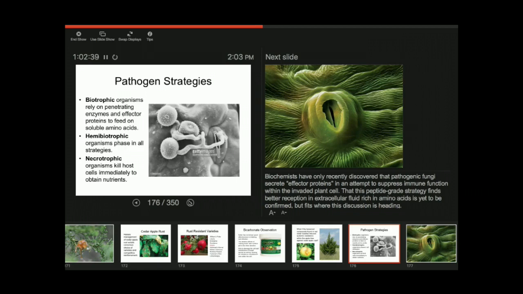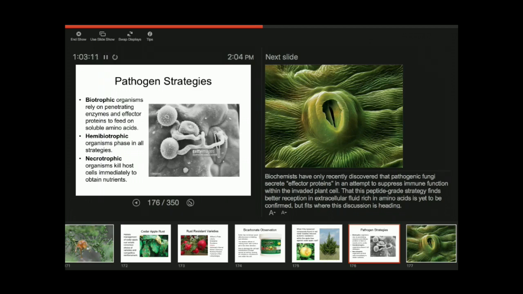This is a picture of a cedar apple rust spore, and there you see the hyphae coming out of the spore, and it is plunging into an opening on the underside of the leaf, which is a stomata, which is the respiratory cell on the underside of the leaf of all plants, where oxygen and carbon dioxide are getting exchanged. And that open doorway means that cedar apple rust is totally evading the phytochemistry defenses of the plant.